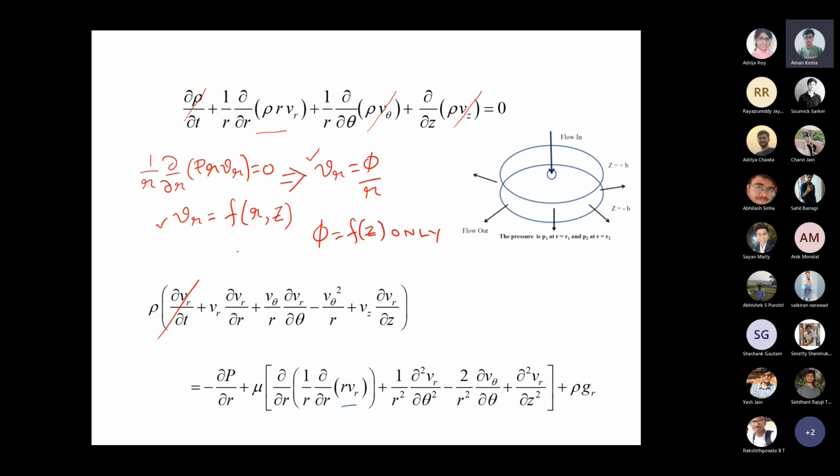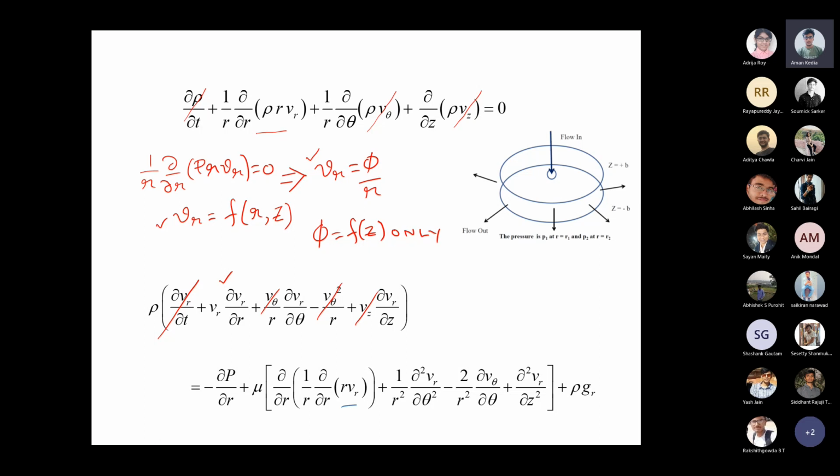The first part obviously would be 0, since we do not have any time dependent situation in this case. How about the second term? It would stay because it is dependent on r. So this is going to remain in my equation. And of course, there's not going to be any v theta, no vz. So all these terms will disappear.